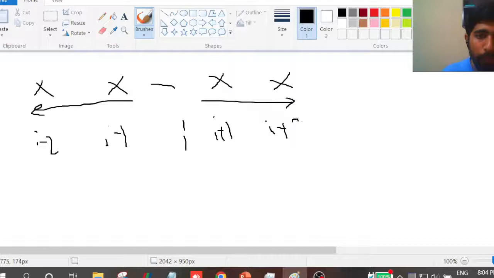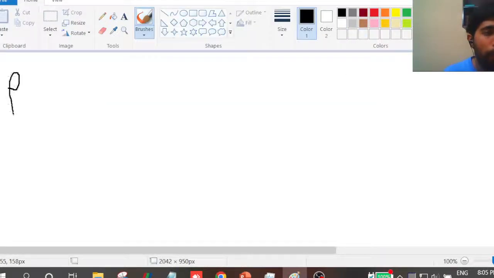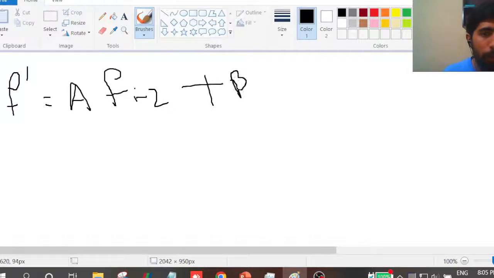Now you have to form f dash in such a way that f dash at I is equal to a into f of I minus 2 plus b into f of I minus 1.